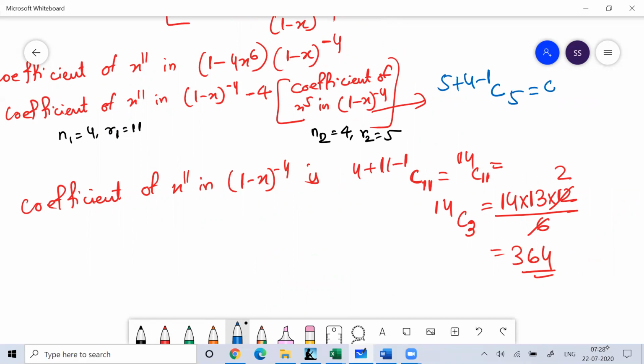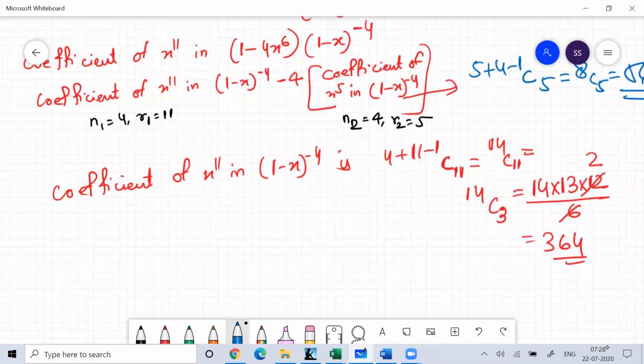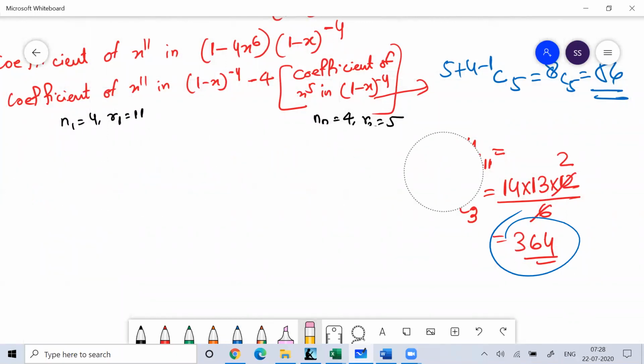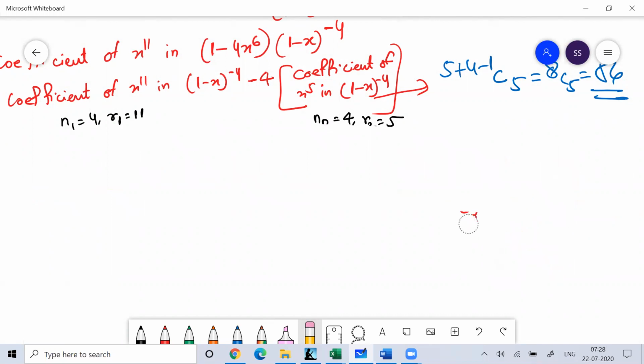So this is 8c5. 8c5 means 8c3. 8c3 means 56, I guess. 8 into 7 into 6, that is 56 only. So this is 364, this is 56.